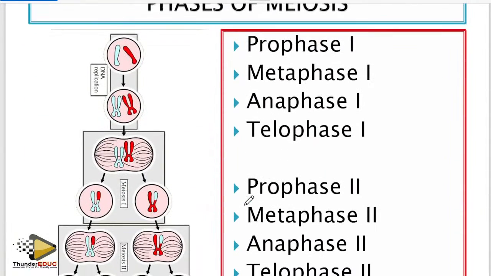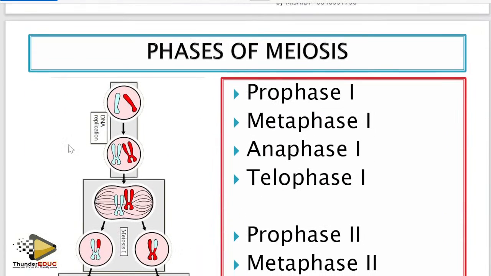So, what are some of the phases of meiosis? These phases are abbreviated as IPMAT, whereby this I is not a phase of meiosis.